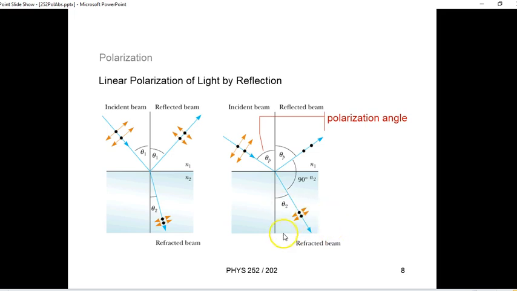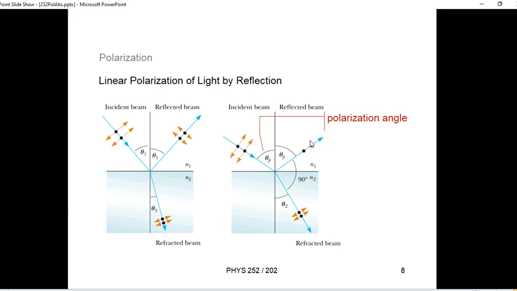So the electrons in the second material, those atoms, are being driven by electric fields that have these two possible components down here. But if this angle right here between the reflected ray and the incident ray is 90 degrees, this orange direction down here is parallel to the reflected ray direction.